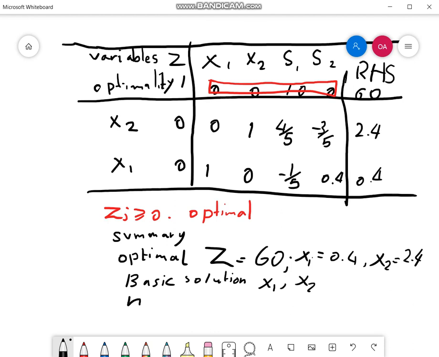My non-basic variables are s1 and s2. Any variable not mentioned over here, we call non-basic. So I don't have any values for my slacks. So what are my binding constraints?